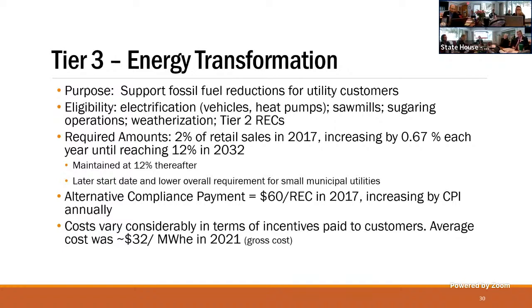I think of tiers 1 and 2 as really for power procurement, and tier 3 is separate because it has different goals.